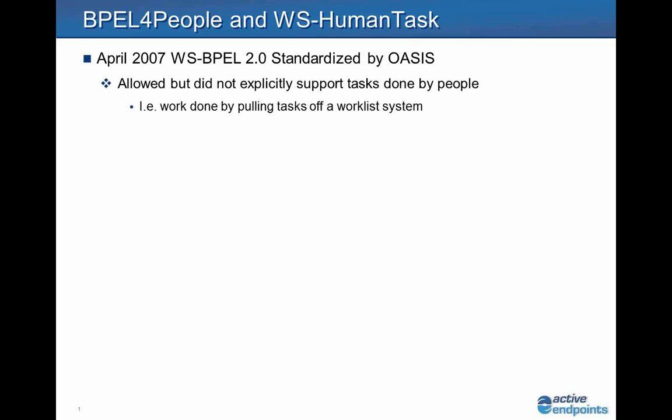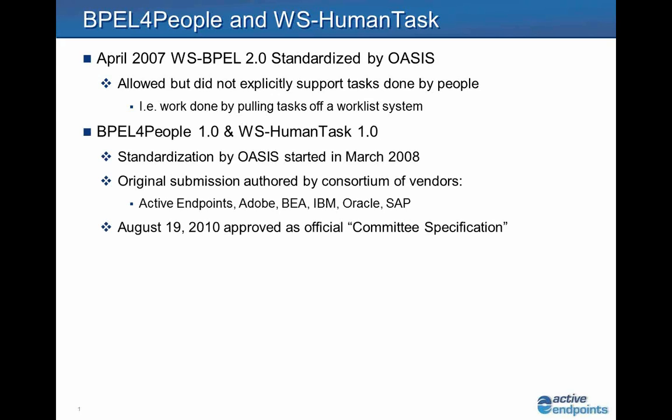In 2007, WS-BPEL was standardized by OASIS, but although it allowed for the possibility that some of the activities in the process might include tasks done by people, it just assumed those things are going to be represented as if they were web services, and we'll let the vendors figure out how to represent human tasks as if they're web services.